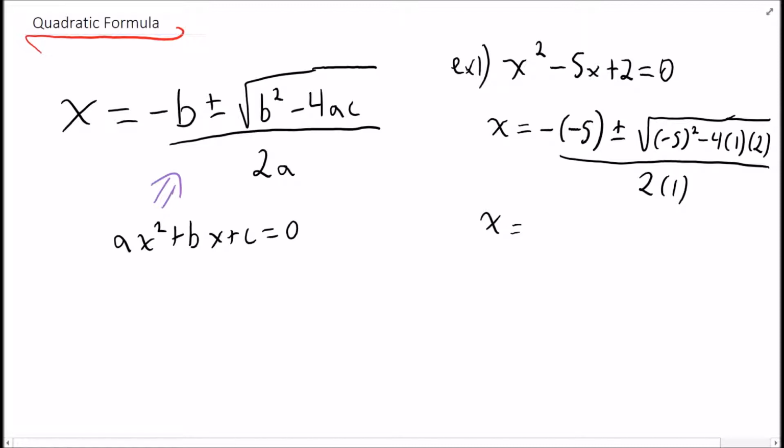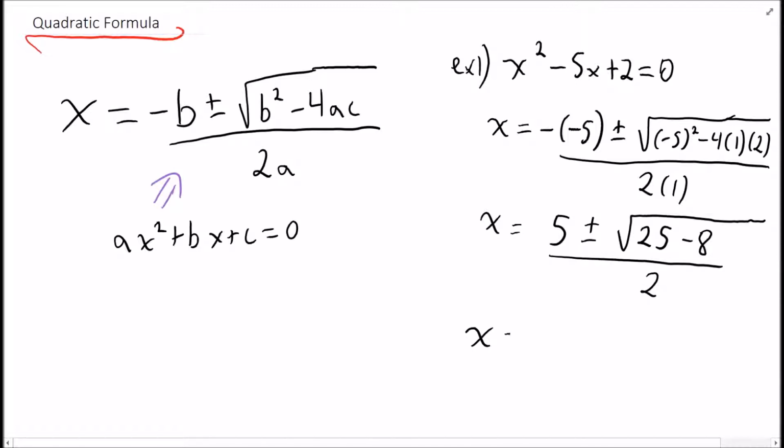Simplifying this down, a negative and a negative make a positive, so I get 5 plus or minus the square root of, negative 5 squared is 25, and then minus 4 times 1 times 2, so that's minus 8, all divided by 2. So I get 5 plus or minus the square root of 25 minus 8, which is 17, over 2.